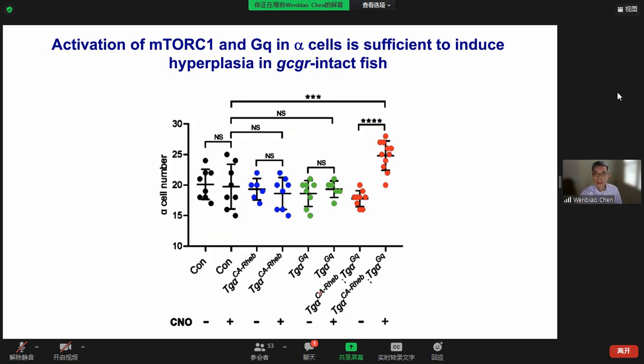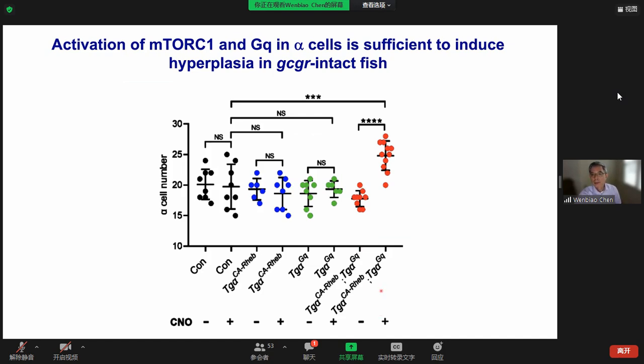Just pay attention here to the double transgenic animal that has constitutive activation of RAG, and therefore mTORC1, and also expression of the Gq DREADD. In the absence of the ligand, the alpha cell number does not change. This is consistent with our previous data that activation of mTORC1 alone is insufficient to cause alpha cell proliferation.